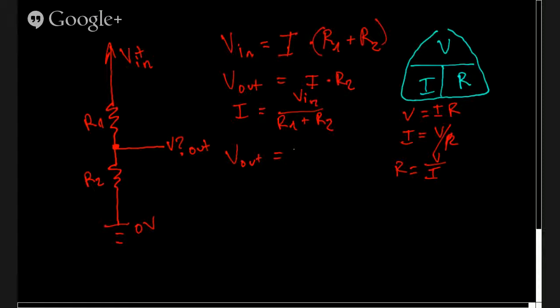Make sure I'm doing this right. Yes. V out equals the voltage in times R2 over the sum of our resistances. There we go. That's everything we wanted to find out.